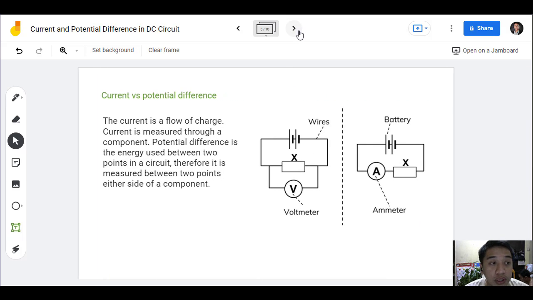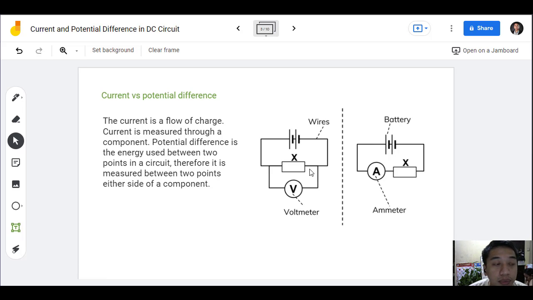Okay. What is the difference between the current and potential difference? So when we speak of current, this is a flow of charge, and it is measured through a component. So as you can see here, on the left side of the diagram, the voltmeter is attached in parallel to both ends of the resistance.